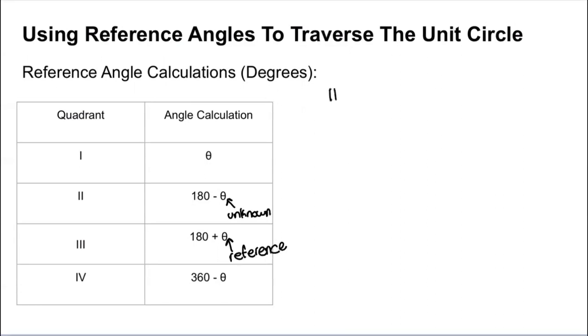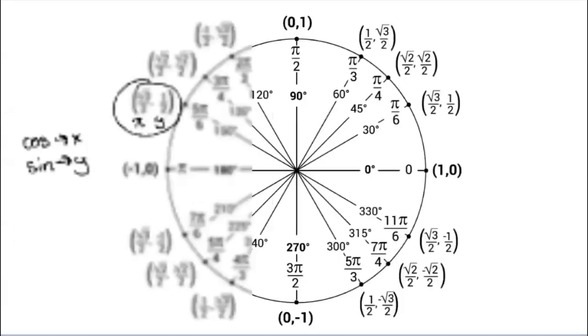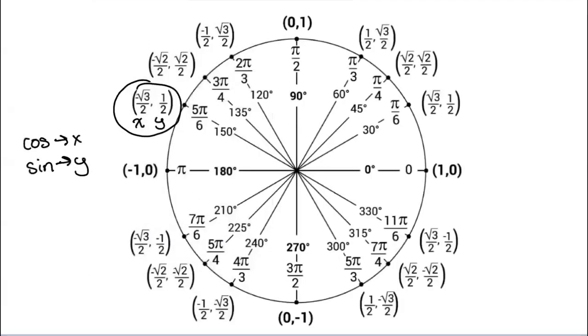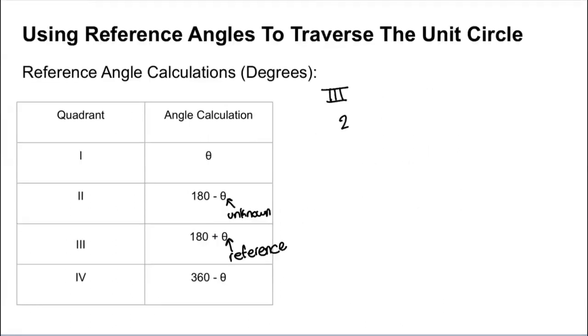So in quadrant three, let's take 225. Let's say 225 is the angle that we're working with. So we would have 180 plus theta is equal to 225. And our theta being our reference angle, this is our angle of interest. Theta is going to be equal to 45.